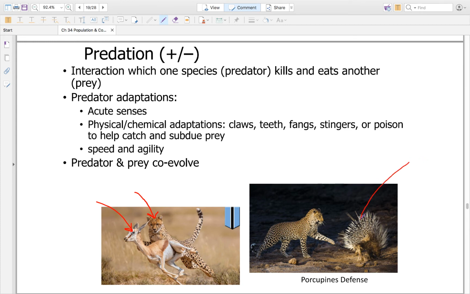This is a porcupine, and you see this little guy coming over here, and he's kind of not sure what to do with it. He's considering touching it, but he's a little nervous. And if he does, he's going to learn very quickly to stay away from these guys. So as predators have evolved, so have prey, and this is called predator-prey coevolution, because they co-evolve.